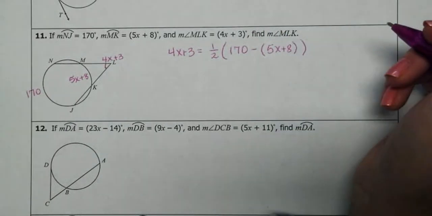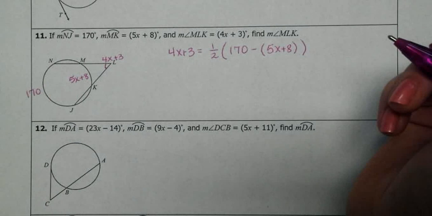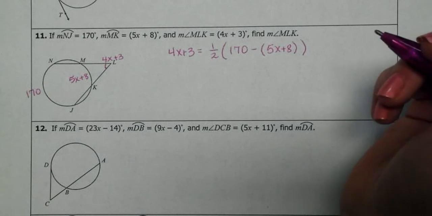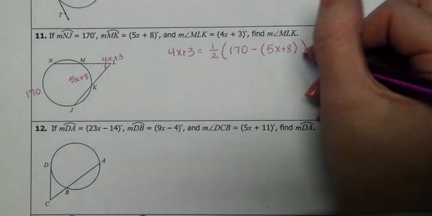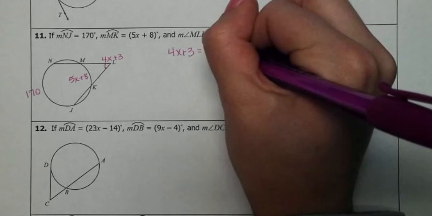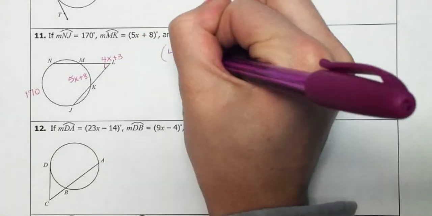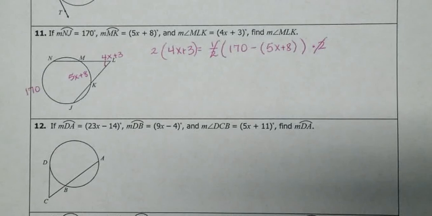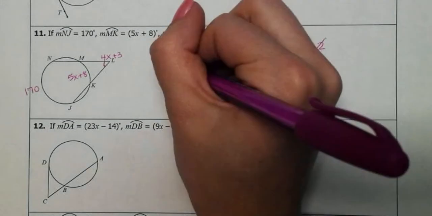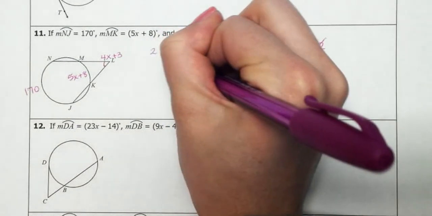Okay, this is a more difficult problem, but just follow along, you'll do fine. I want to get rid of my 1/2 first by multiplying by 2. I have to multiply this side by 2. That means I have to distribute since it is an equation. So if I distribute, I get 8x plus 6.